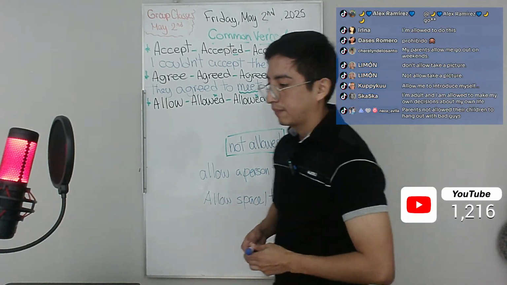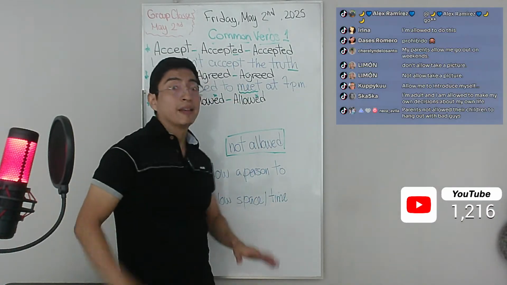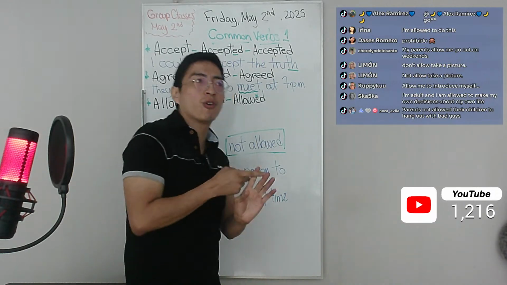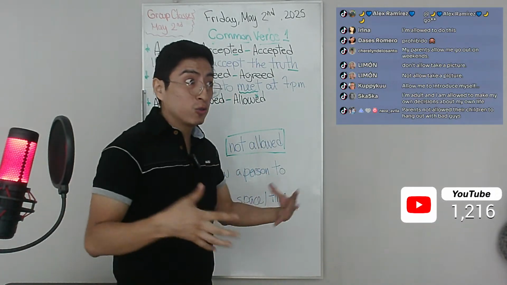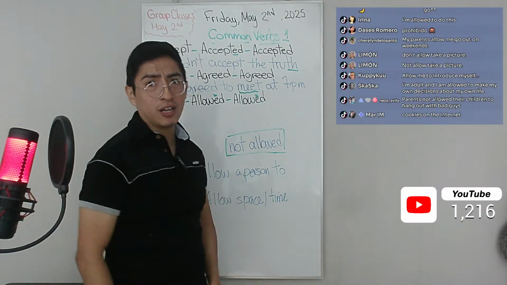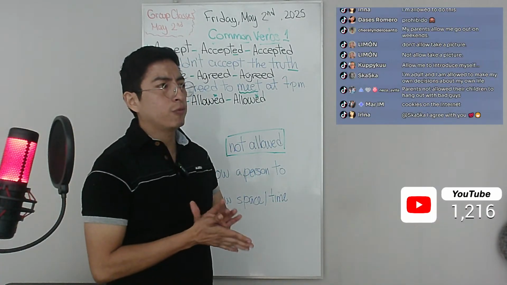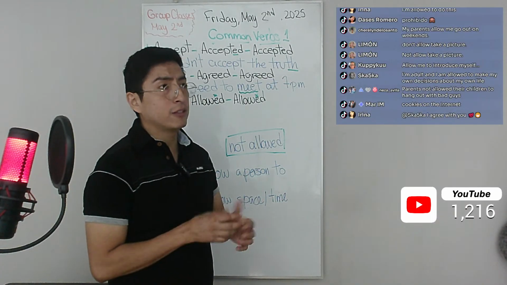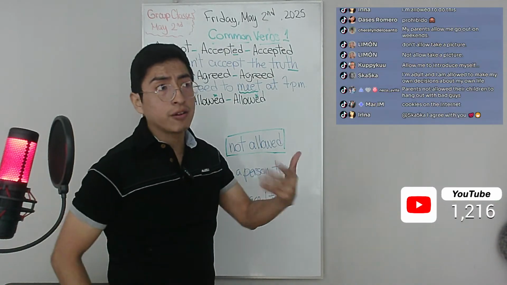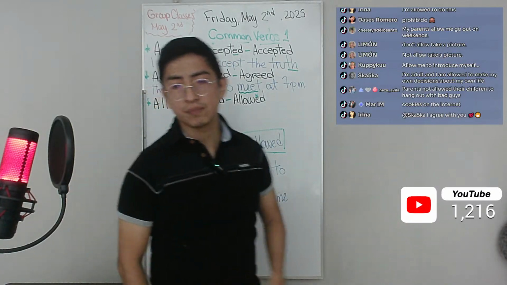Allow 30 minutes for the cake to be well cooked. To allow time: please allow 30 minutes for finishing the exam. Allow us 30 minutes. Allow us a space. You can use that too.